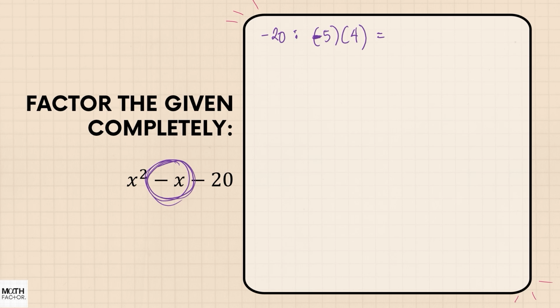So if we add negative 5 plus 4, they're in different signs, that's why we subtract. 5 minus 4 is 1, and then copy the sign of the bigger number, which is negative. So since it matches this middle term, the factors are x minus 5 and x plus 4.